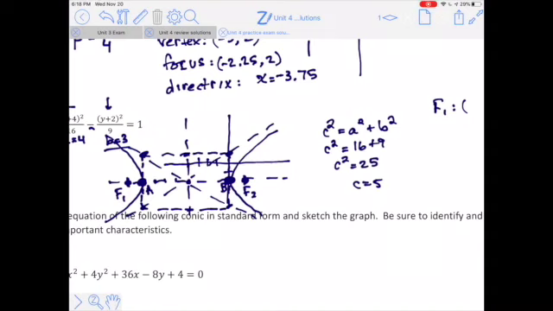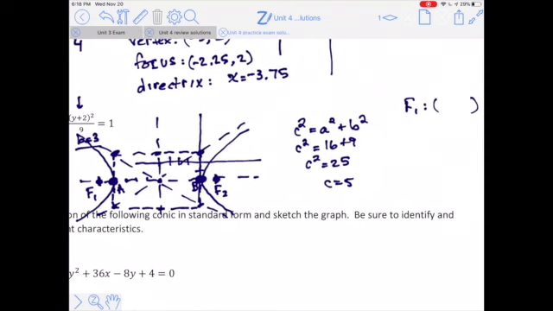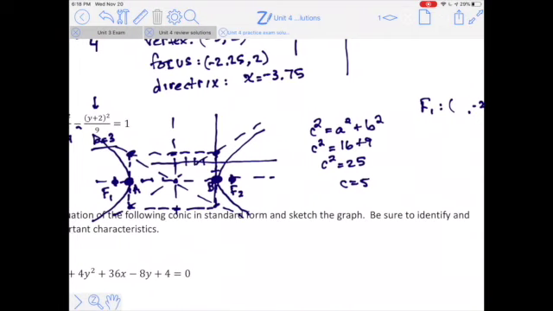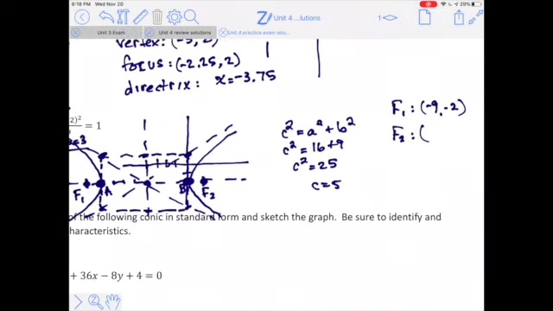The focus on the left, this one here, we know it's down 2 units, so it's -2. And how far to the left is that? It was 5 units away from this point right here, but that point was already 4 units over, so that's -9. So -9, -2 for the first focus. Second one, looks like it's 1 unit to the right, 2 units down.